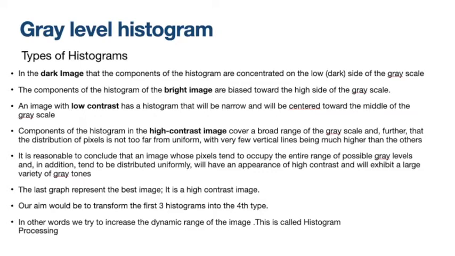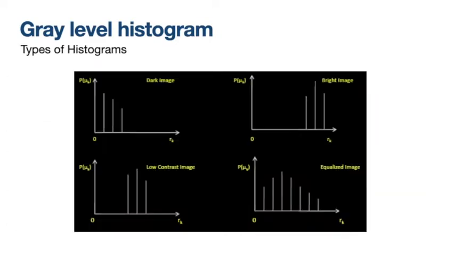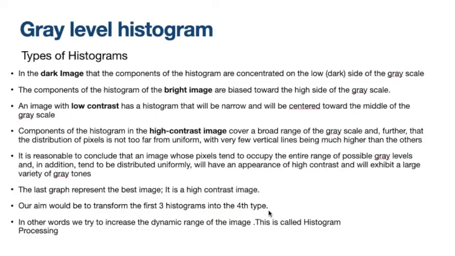So it is reasonable to conclude that an image whose pixels tend to occupy the entire range of possible gray levels, and in addition tend to be distributed uniformly, will have an appearance of high contrast and will exhibit a large variety of gray tones. So the last graph represents the best image. Here this equalized image is going to represent the best kind of image.